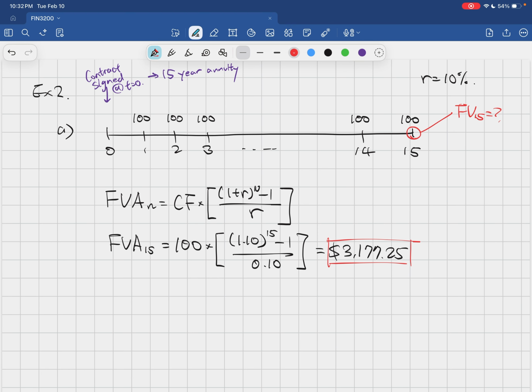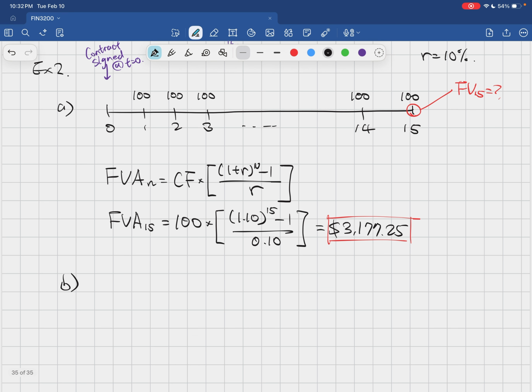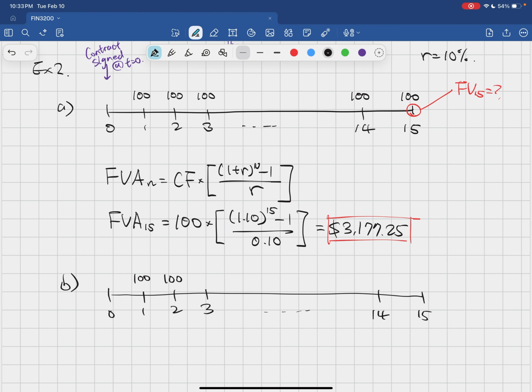So I'll actually draw the same timeline. So we have the same 15-year period. But instead of depositing $100, we want to be able to withdraw $100. R is still 10%.